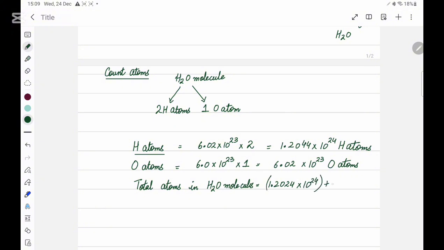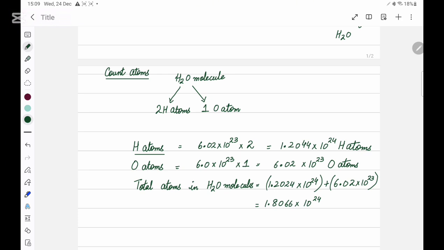I'm going to add it to the oxygen atoms, 6.02 times 10 raised to power 23. The total becomes 1.8066 times 10 raised to power 24. These are the total atoms present in water molecules.